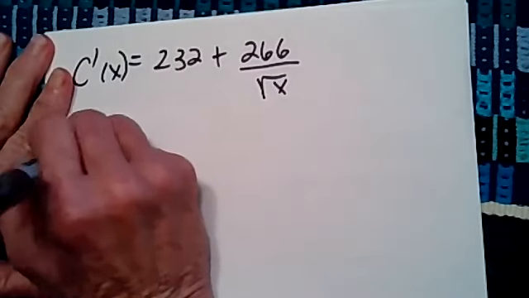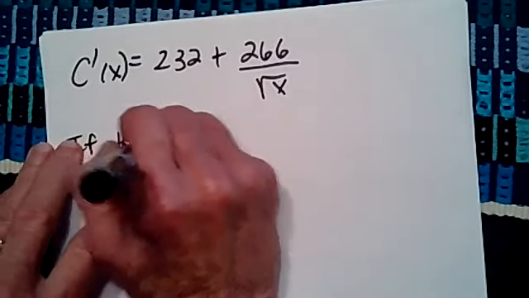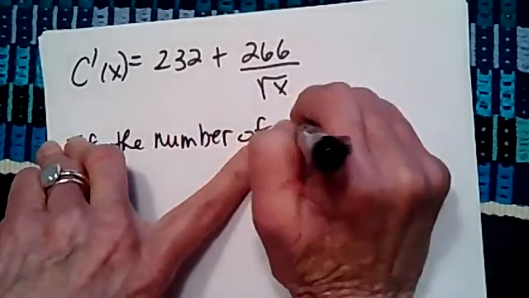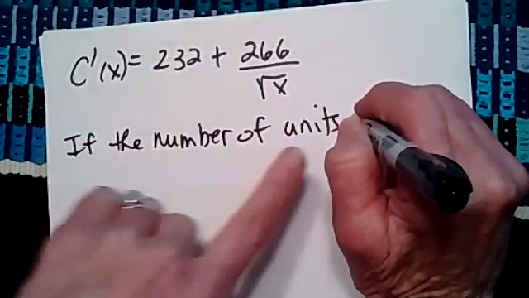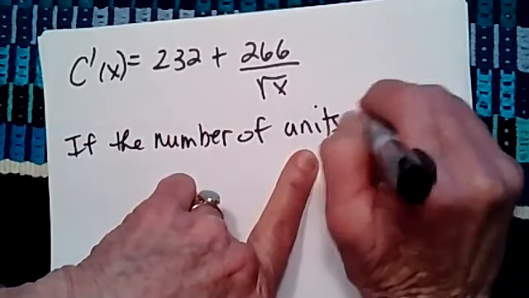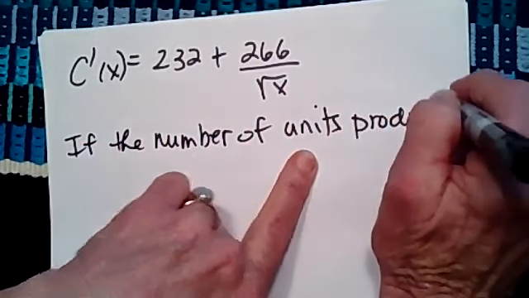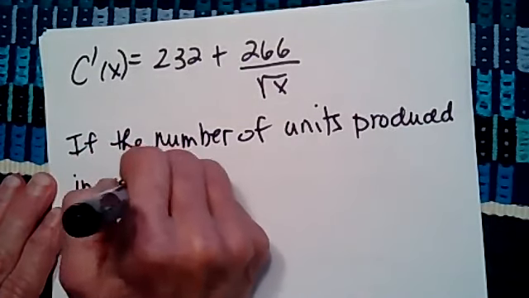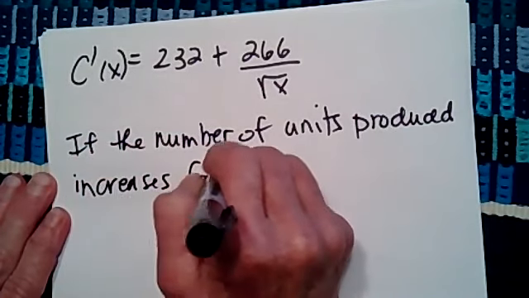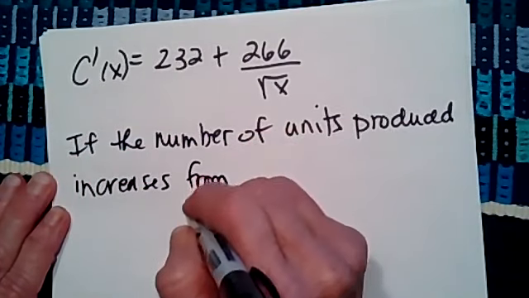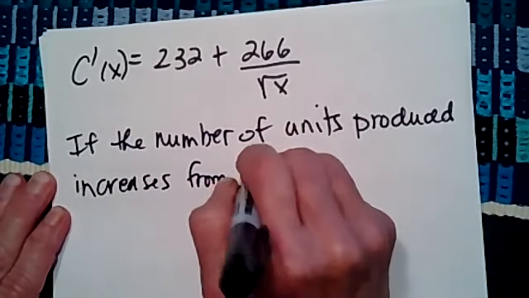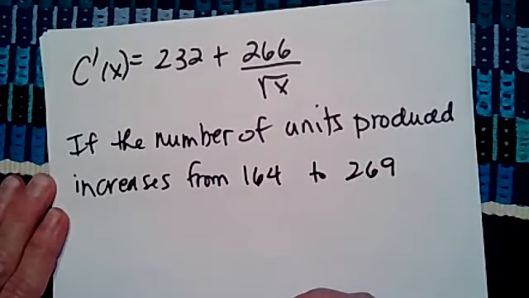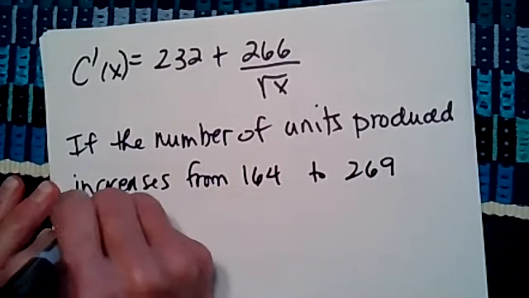So if the number of units produced increases from 164 to 269, find the increase in total cost.